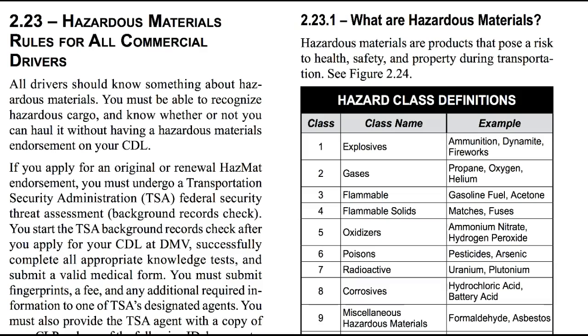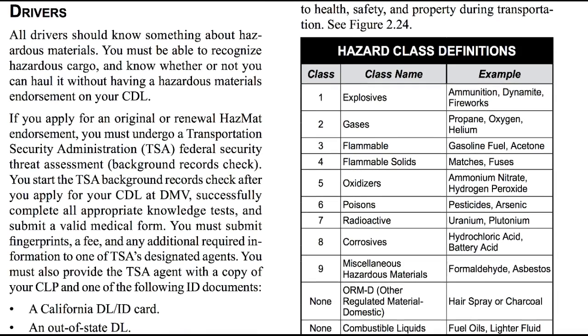You start the TSA background check record check after you apply for your CDL at the DMV. Successfully complete all appropriate knowledge tests and submit a valid medical form. You must submit fingerprints, a fee, and any additional requirements in form to one of the TSA designated agents.